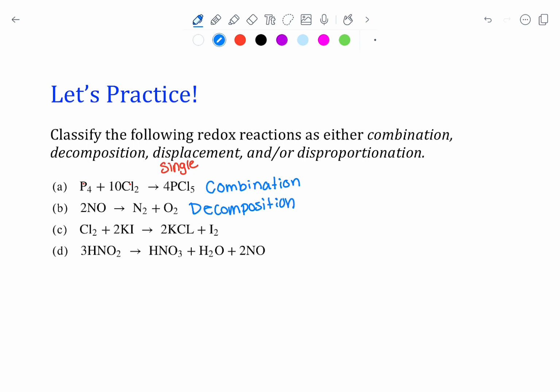In our next example, we have chlorine mixing with potassium iodide, creating potassium chloride and iodine. We can see here that we just swapped out the chlorine and the iodine. They just swapped places. If they're switching places, this is going to be a single displacement reaction.